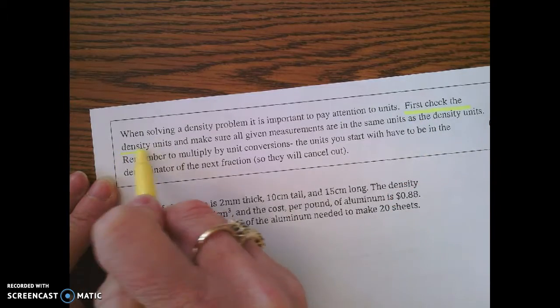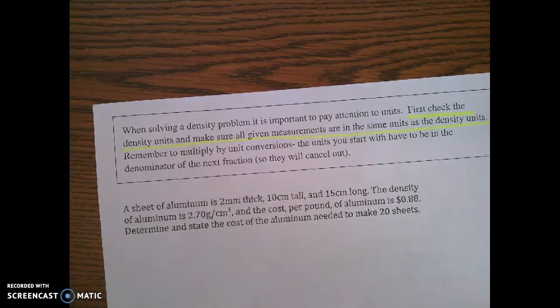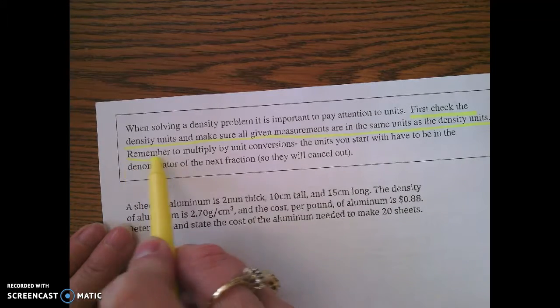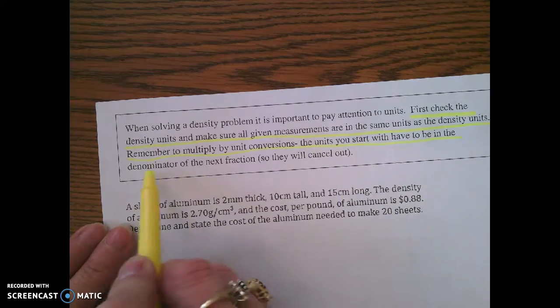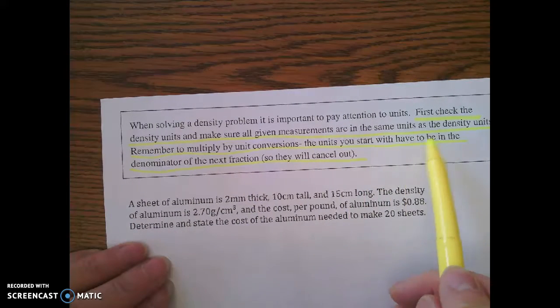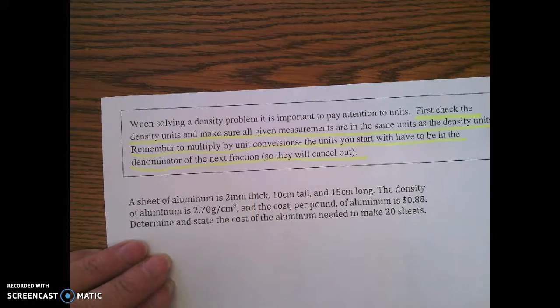So first check the density units, and you're going to convert everything into what the density units are. Remember, when you're doing these unit conversions, we multiply by a fraction, and whatever units you start with have to be in the denominator of your next fraction so that they're going to cancel out.